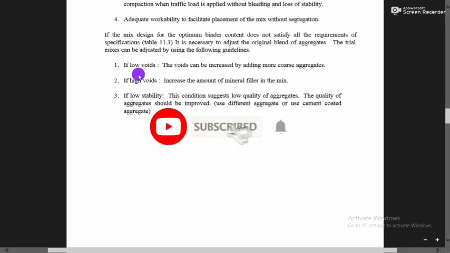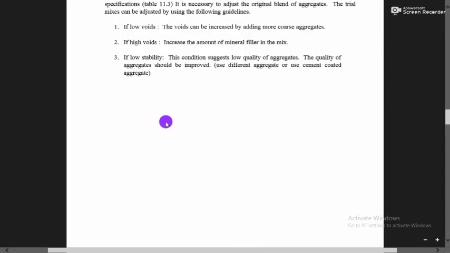First, if the voids are low, they can be increased by adding more coarse aggregate; if the voids are high, increase the amount of mineral filler in the mix. If the stability is low, the condition suggests low quality of aggregate, so the quality of aggregate should be improved. Use different aggregate or use cement coated aggregate.